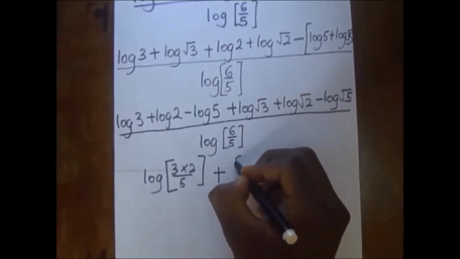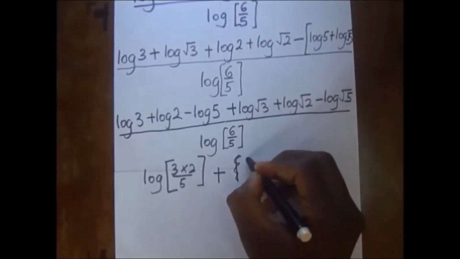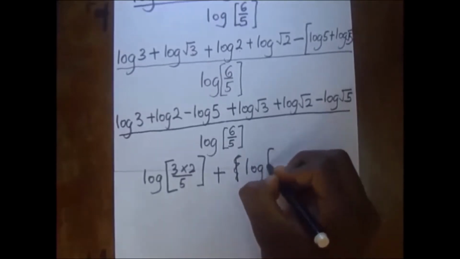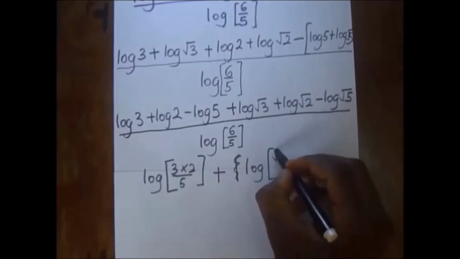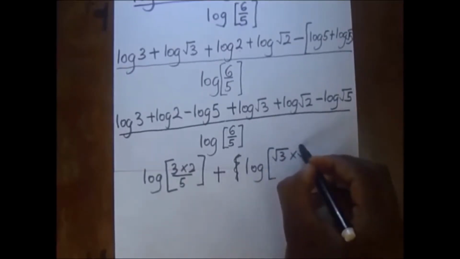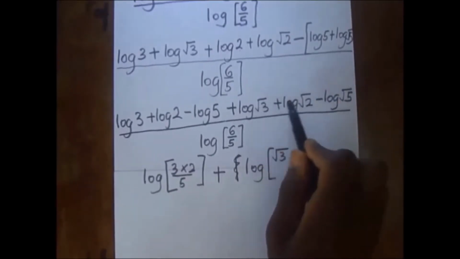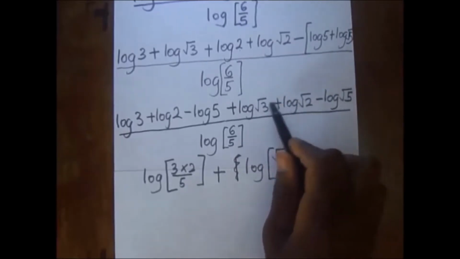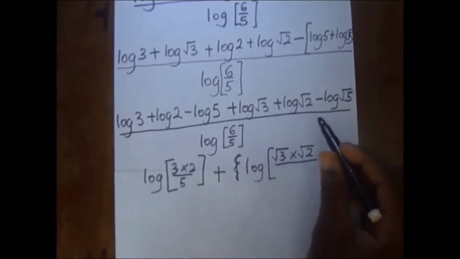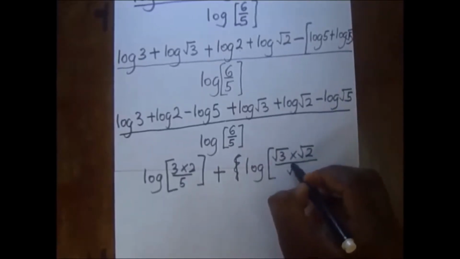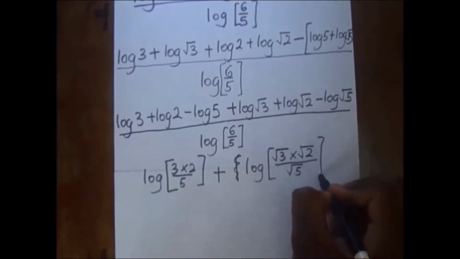We shall add that to the log of root 3 times root 2. Why do we multiply? Because this is addition of logs. So from our law of logarithms, we multiply the numbers, and since it's minus root 5, it's going to be divided by root 5.